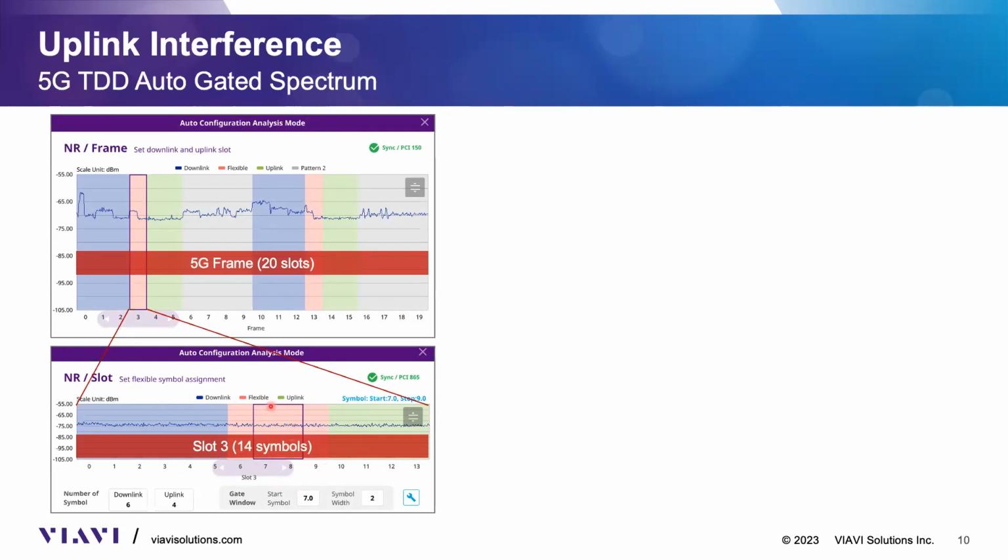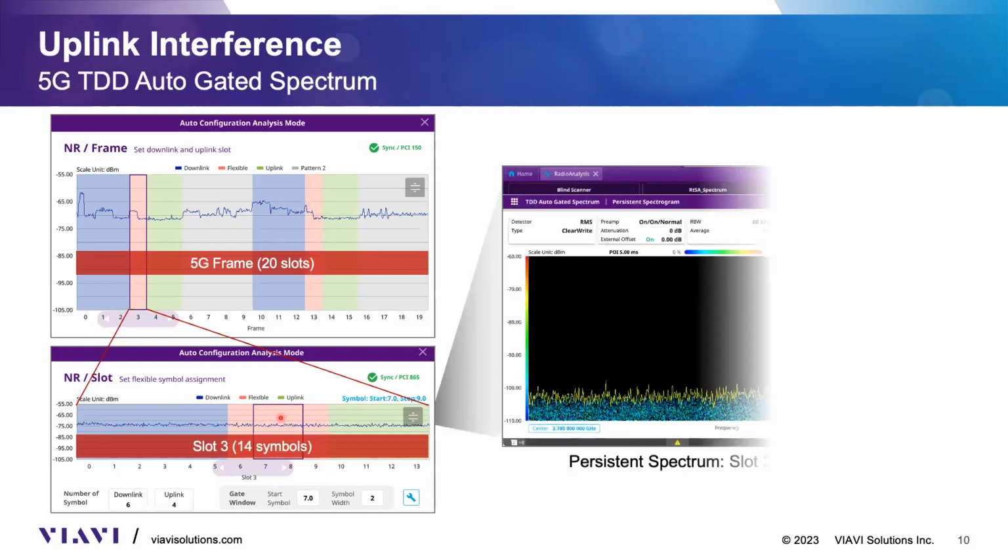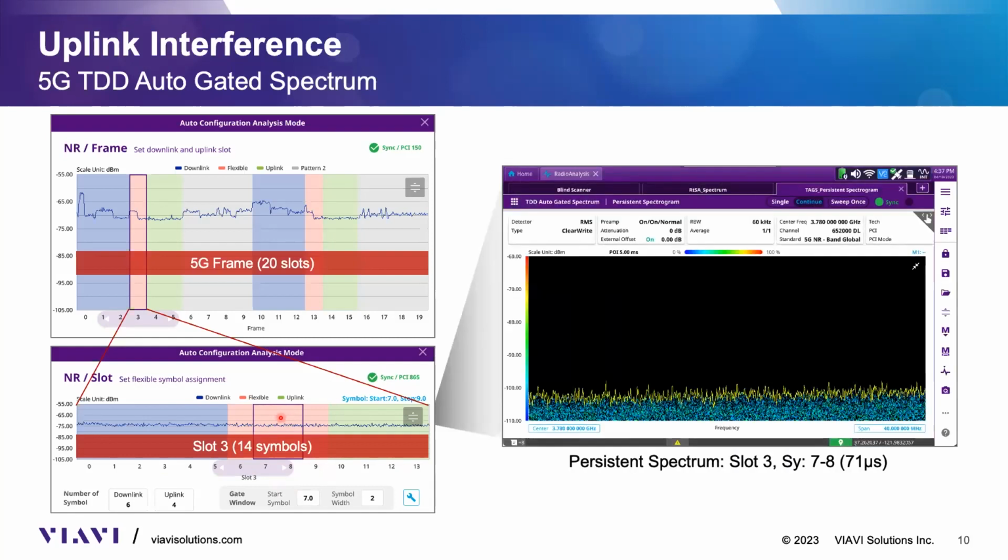Here is where I trigger my persistent spectrum, and in this specific case it is as narrow as 71 microseconds. So it's very small, thanks to our ability to look for the flexible slots and then analyze the signal.